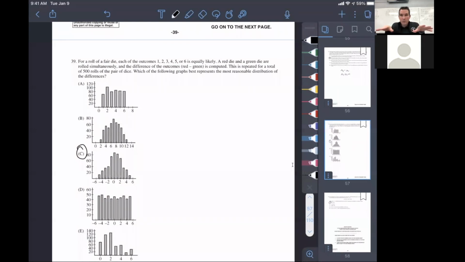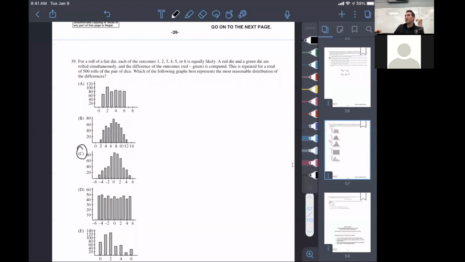You're equally likely to get the same number on each, as opposed to a distinct difference, which is why when we do this more and more times, you're more likely to see a difference of 0 than you are to see a difference of 3.